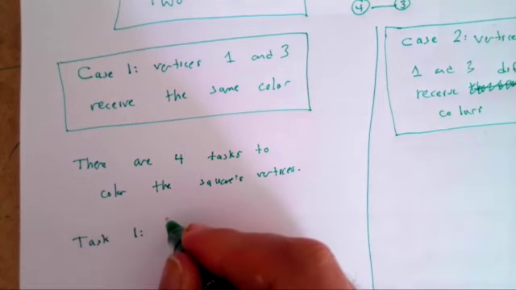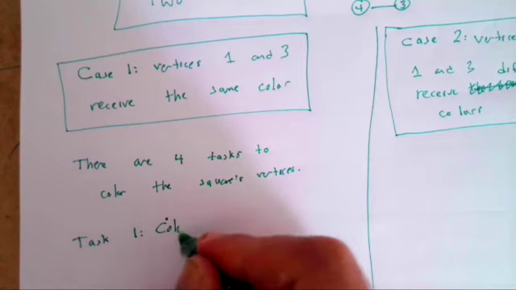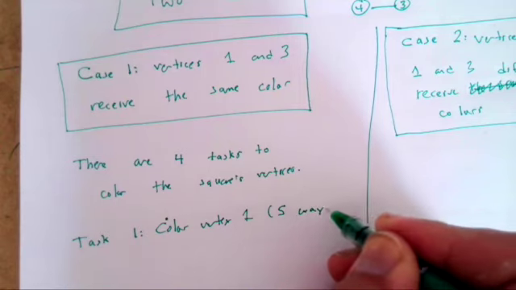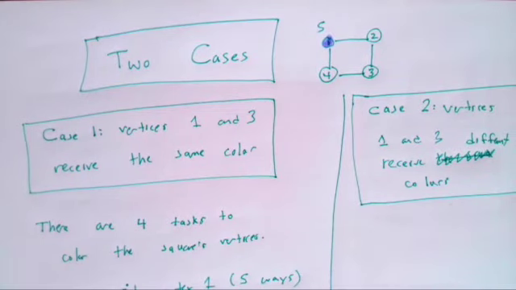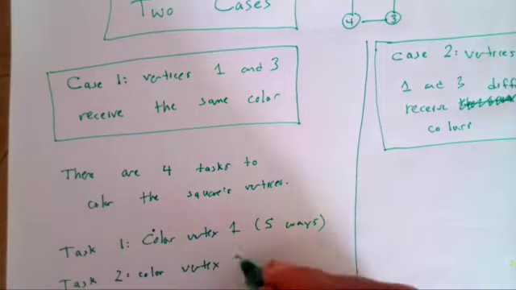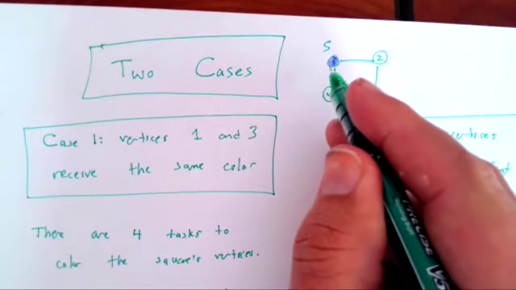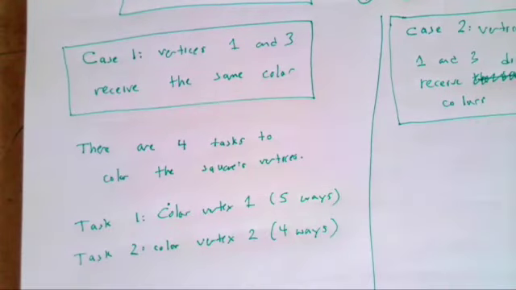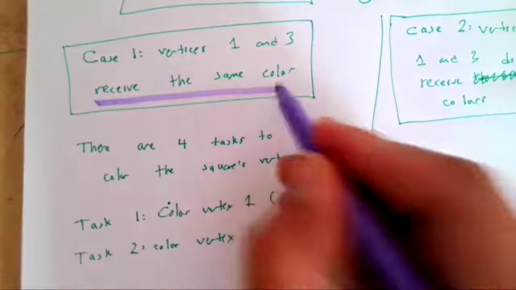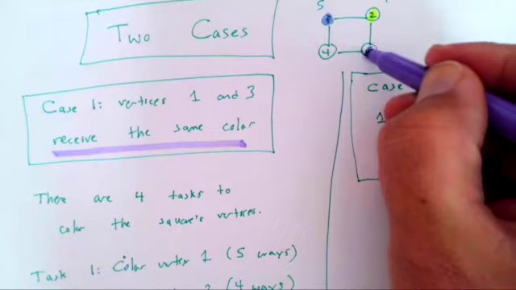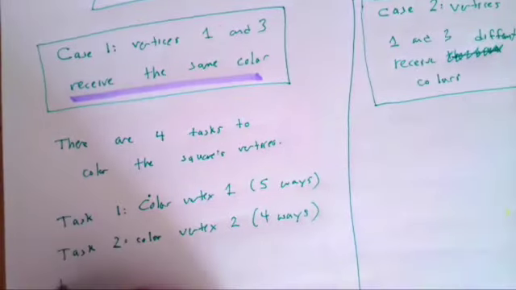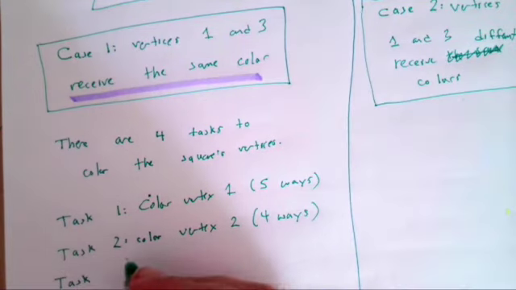So in this first case, there are 4 tasks to color the square's vertices. Task 1 is to color vertex 1. There are 5 ways. Task 2 is to color vertex 2. I can't repeat the same color, so 1 color is ruled out, so there are only 4 ways. Now remember, we're in the situation where vertices 1 and 3 receive the same color. So when I go to color vertex 3, that decision is already made, and I only have 1 way to color vertex 3.